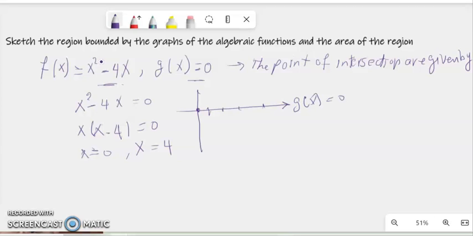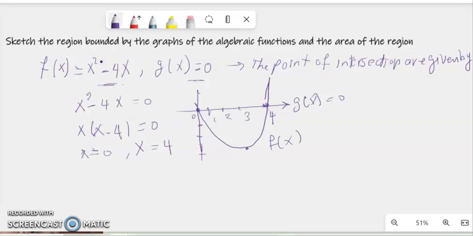When x equals 2, 4 minus 8 is minus 4. And when x equals 4, 16 minus 16 is 0. So that's my f of x function.